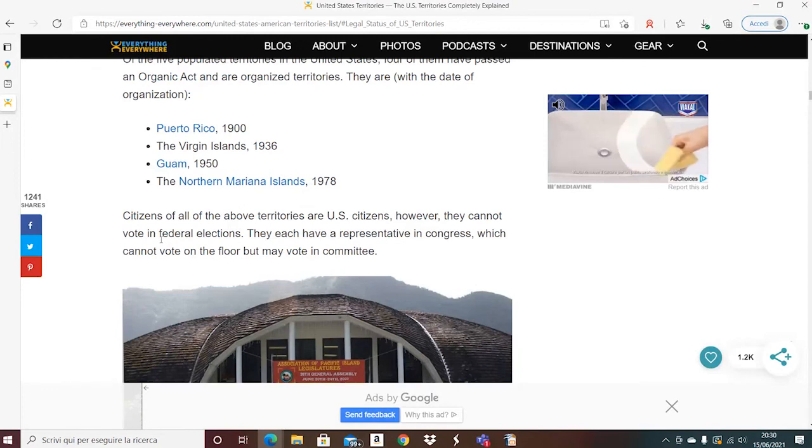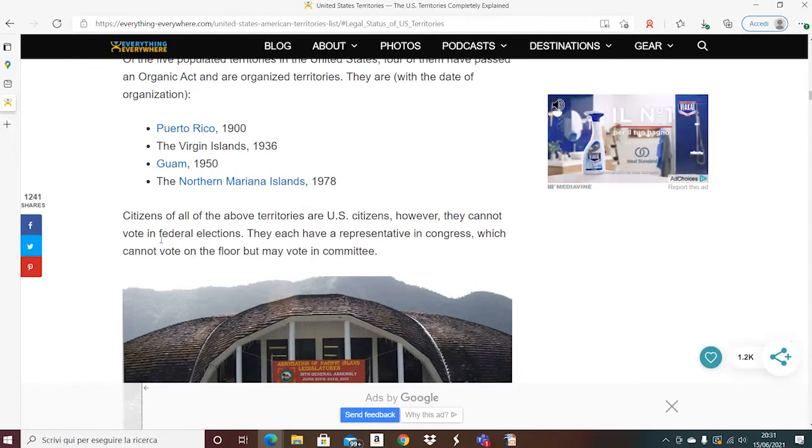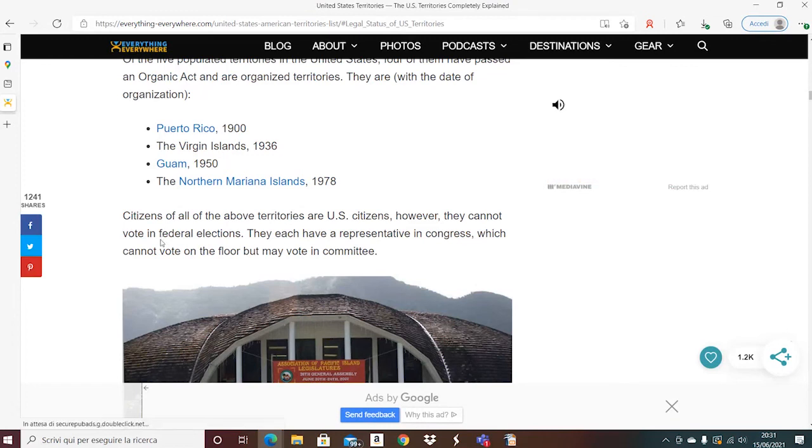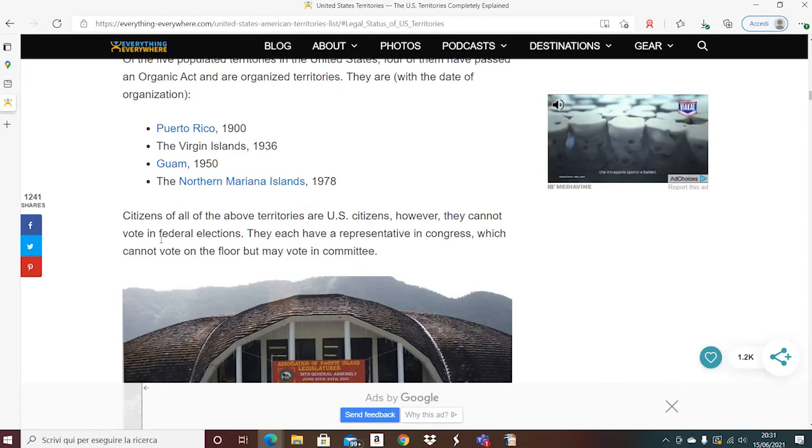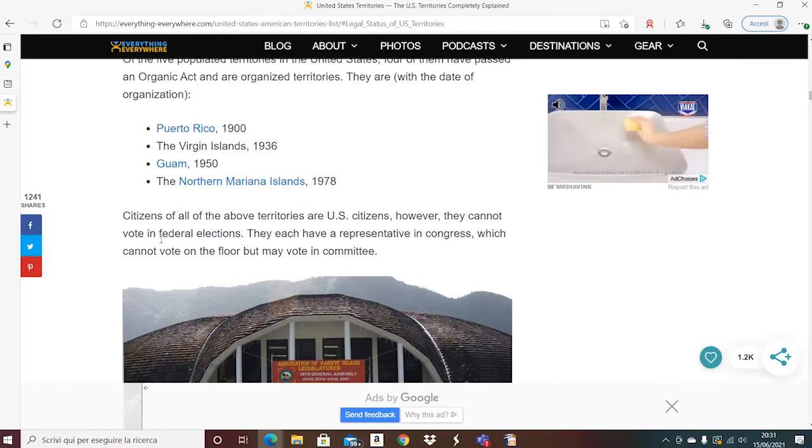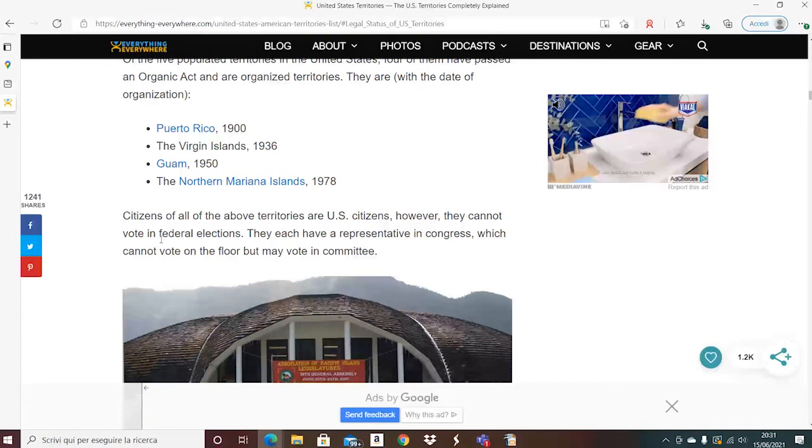It's Guam in the Pacific. Exactly, Guam is in the Pacific, and Guam is mainly a military base, while, as we saw, Puerto Rico is just like its own country with its own language, its own tradition.